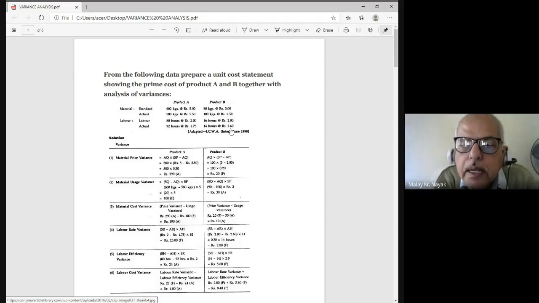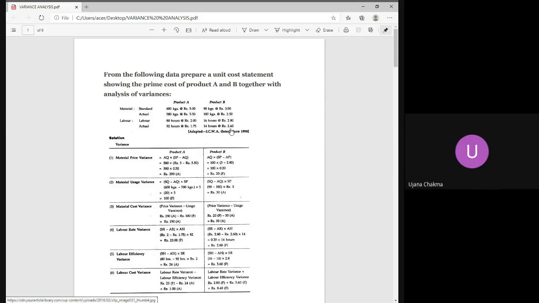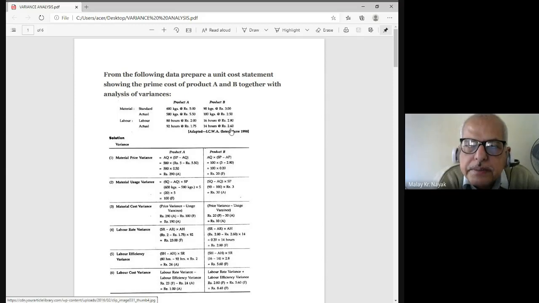Actual cost is less or more? Actual cost is less. Is it good or bad?